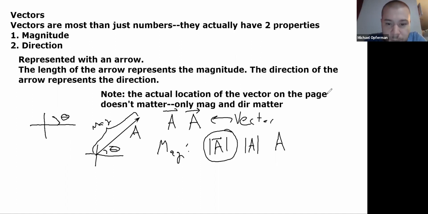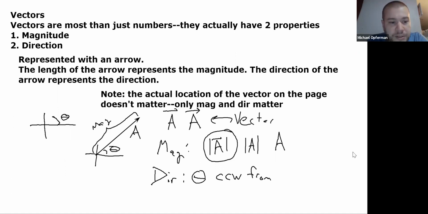That one's very clear. If you're writing the direction of a vector, sometimes it's specified in words, like you might say plus X direction, or you might say west, or whatever the case may be. But in the most general case, we usually specify the direction with an angle. The standard convention is you measure the angle counterclockwise from the plus X axis.